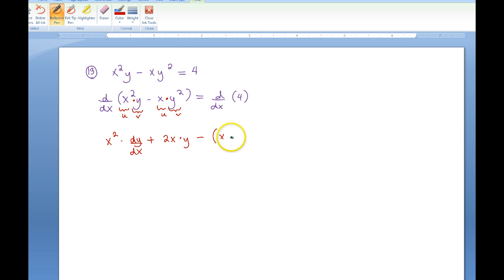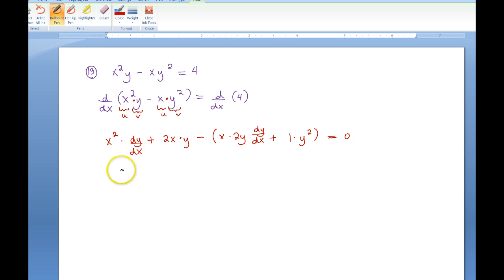The derivative of y squared is 2y dy dx, plus u prime, which is 1, times y squared. So we keep v the same. That whole thing is equal to 0 because the derivative of a constant is 0.